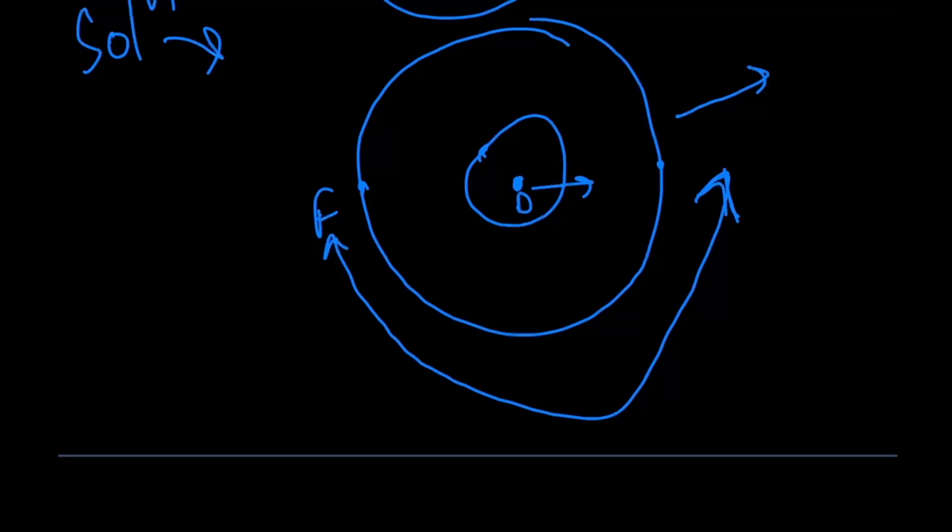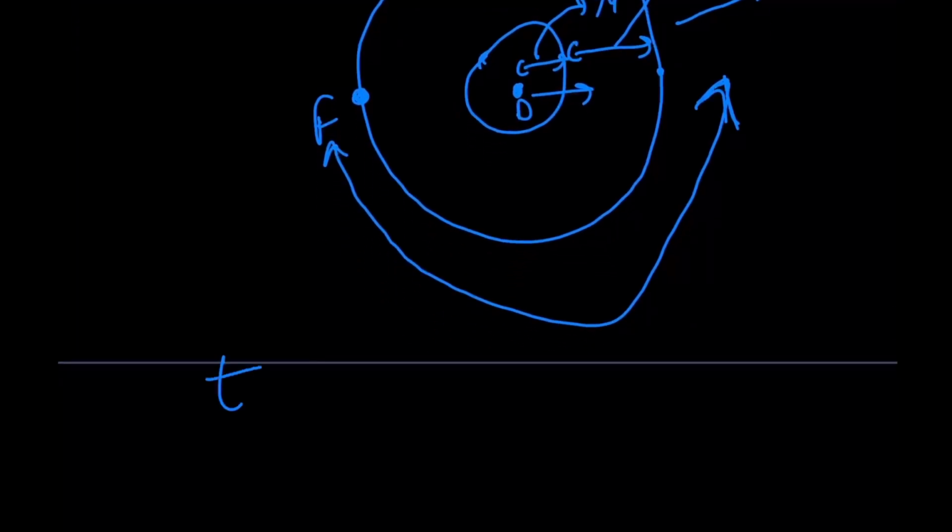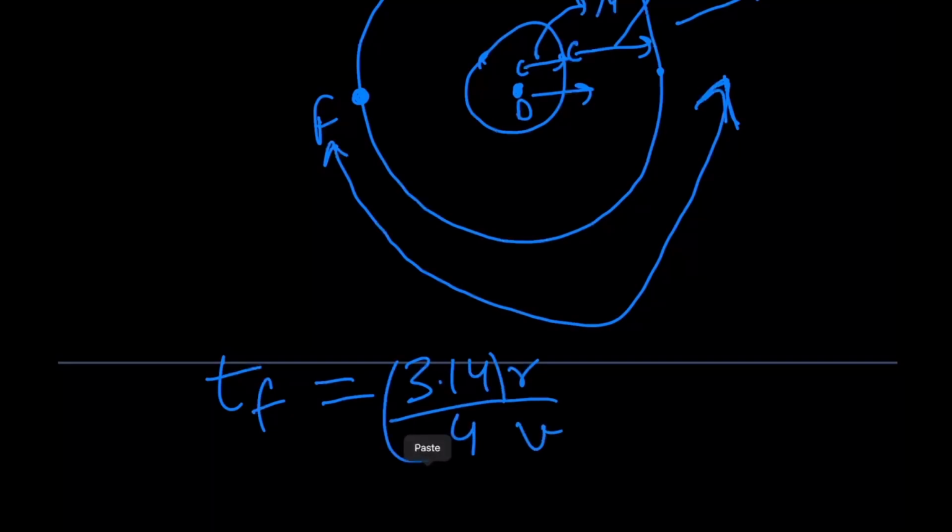But if the duck somehow travels r/4 distance, maintaining a 180-degree phase shift with the fox, and now let's say there's just 3r/4 length remaining, and the fox is over here. So now the time comes out to be, for the fox, the exact same, it's just 3.14 r/4v, right?